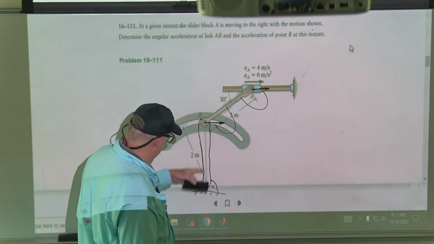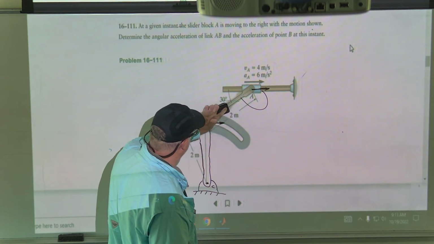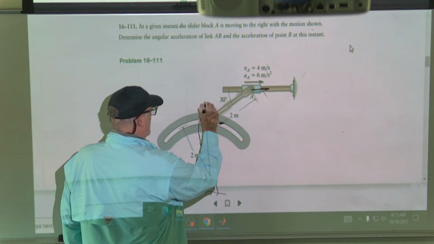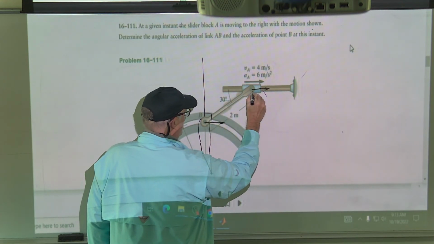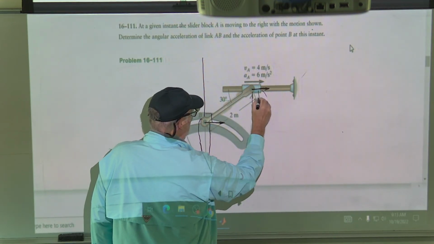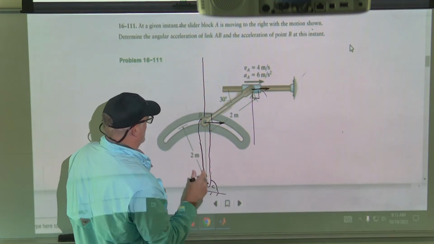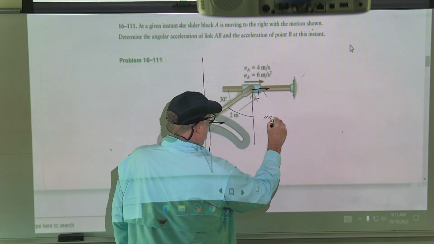Even though this velocity is on this fake link, it's also on there. So with that in mind, I just draw perpendiculars to them and try to find where they're going to cross. And they don't ever cross. And because they don't ever cross, this is moving only in translation.